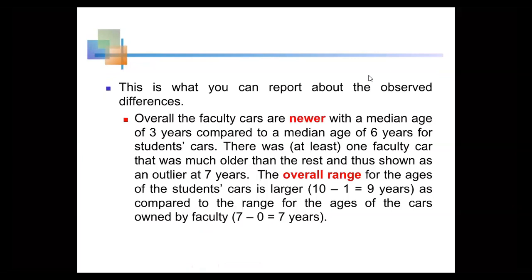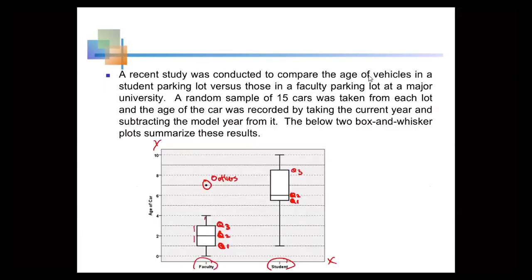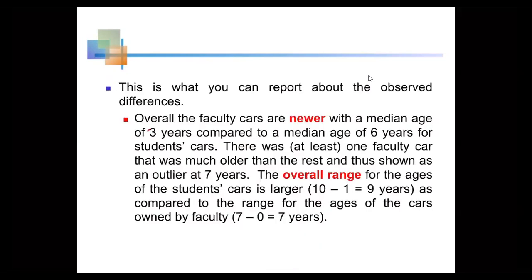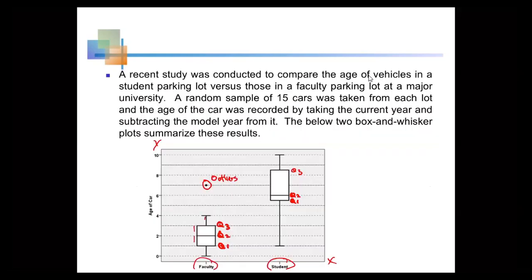So this is what we can report. Overall, the faculty cars are newer with the median age of 3 years compared to the median of 6. Sorry, this is 2. If you look here, Q2 is always the median.